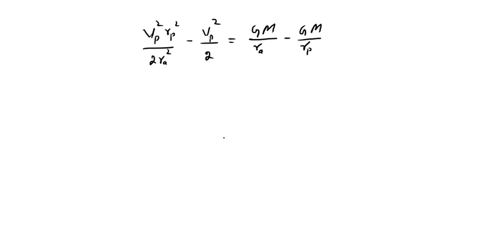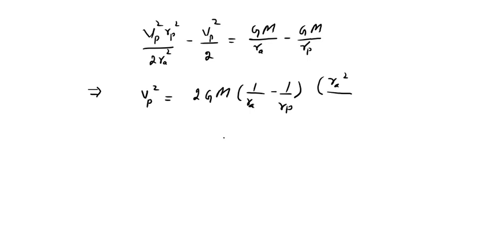By simplifying this, we can calculate that Vp squared will be equal to 2GM into (1 over Ra minus 1 over Rp), multiplied by Ra squared divided by (Rp squared minus Ra squared). So these will be multiplied with each other.